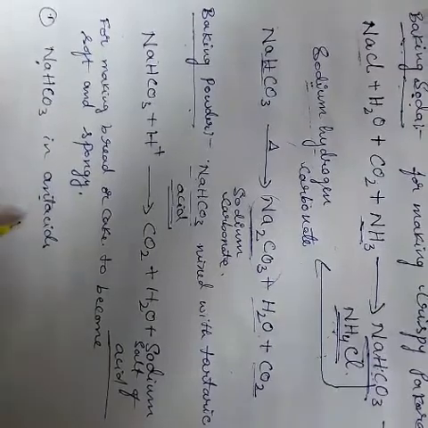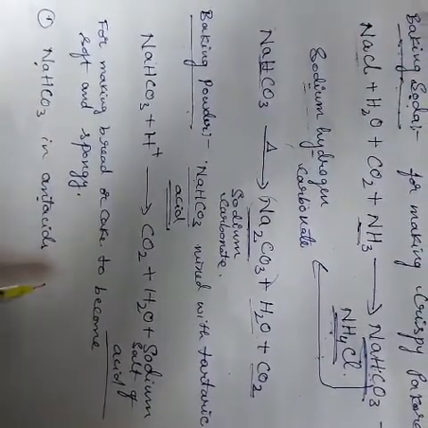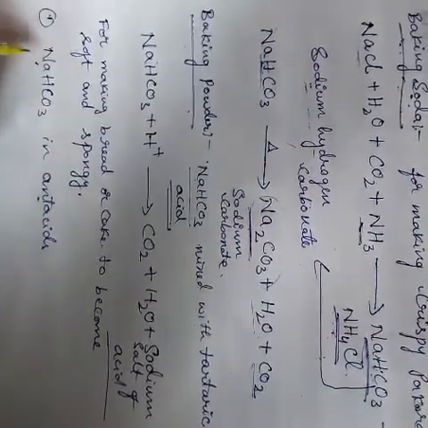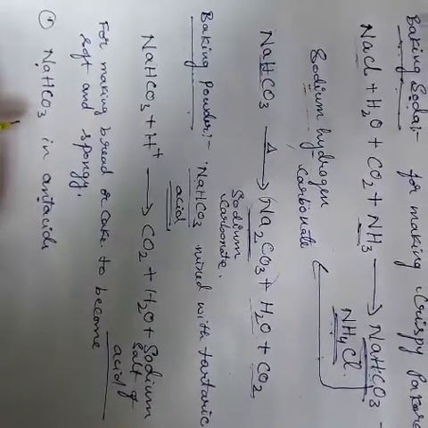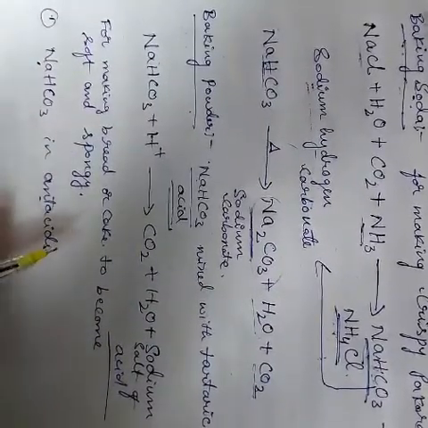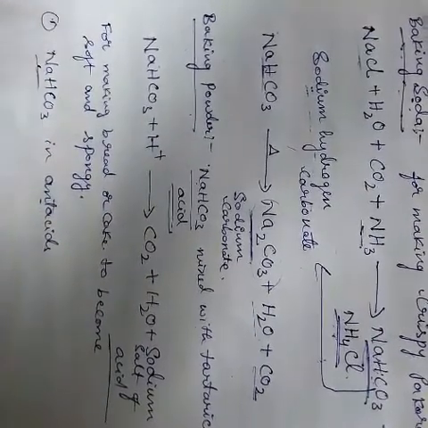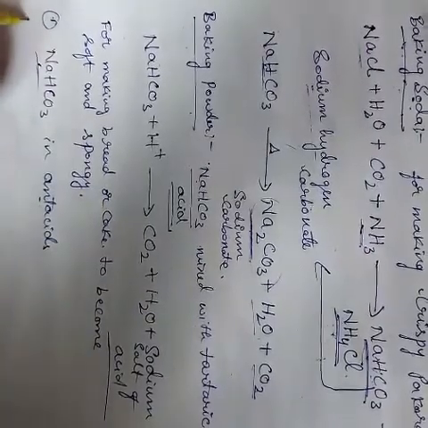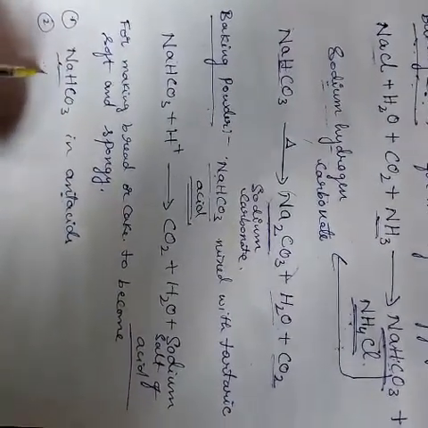Because it is a base, if acidity increases in our stomach, we use a base to neutralize it. We use any base such as milk of magnesia or sodium hydrogen carbonate. If you drink ENO also, it mainly consists of sodium hydrogen carbonate.